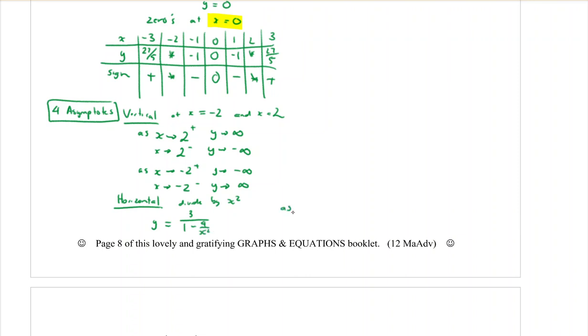So as x is approaching infinity and negative infinity, that's how you find horizontal asymptotes. When I put plus or minus infinity into here, this becomes a 0, which means my y is approaching 3 over 1 or just 3 for both of them. So that's a horizontal asymptote at y equals 3.